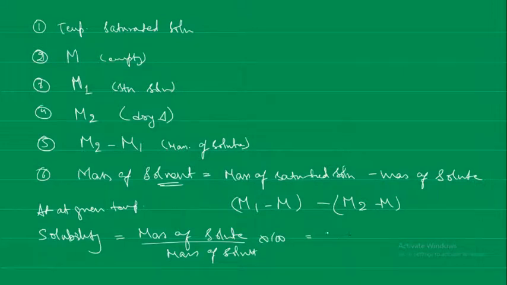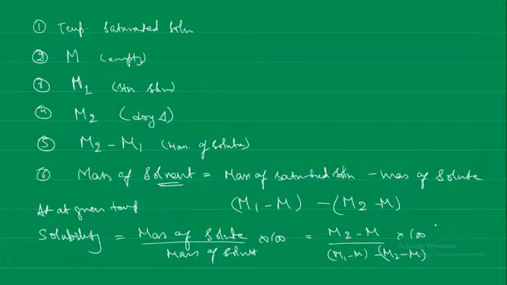So mass of solute is M2 minus M, by mass of the solvent, which is (M1 minus M) minus (M2 minus M), into 100. So experimentally we can determine in this way the solubility of a solute at a given temperature.